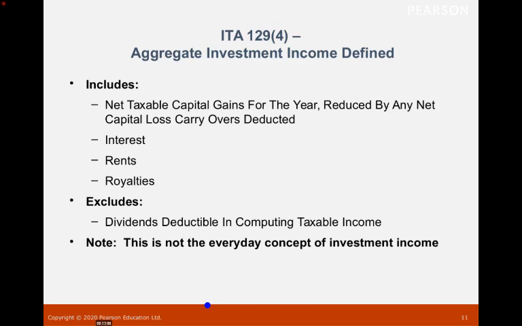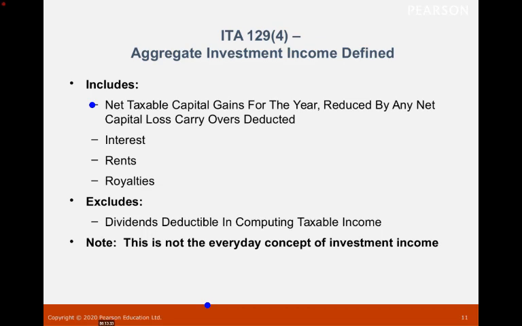So whatever happened in the current year, again, net, that's your gains minus your losses in the current year. That gives you your net number. And then we're reducing that by any carryovers that we chose to use. If we didn't choose to use them and we still have them sitting to the side waiting, those ones we're not worried about, just the ones we decided to deduct. So that's one. So basically our capital gains stuff is included here.